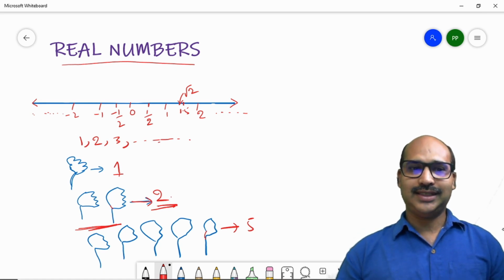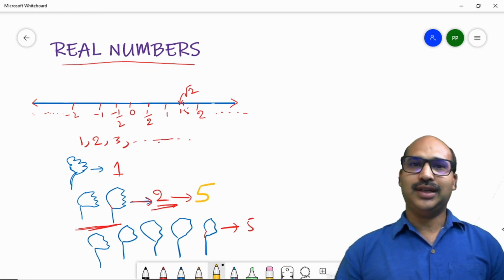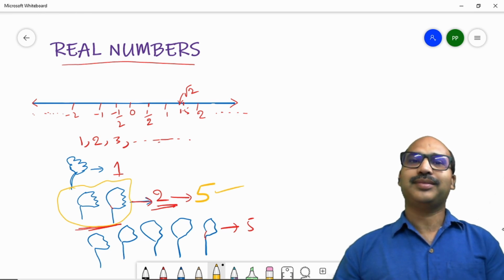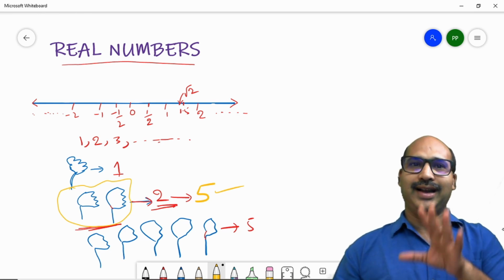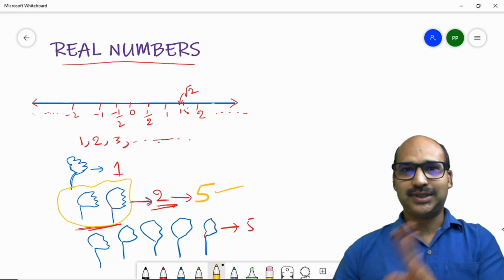If this is mapped to 5 instead of 2, then we might call this set as 5. But the number system is already in place and some groups are mapped to some symbols.